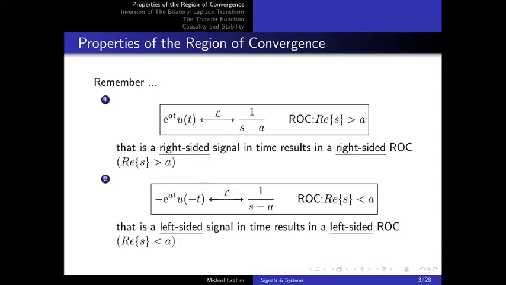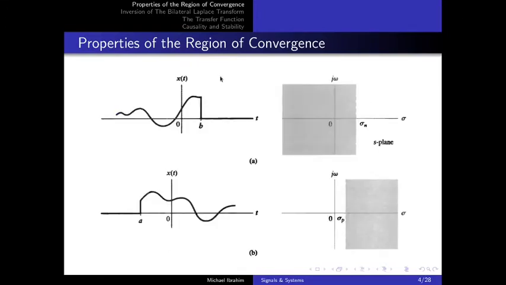In other words, a left-sided signal will have a left-sided region of convergence. As you can see over here, this x of t is left-sided, so we'll have a left-sided ROC. Here, x of t is right-sided, so we'll have a right-sided ROC. And as you can see, the ROC consists of strips parallel to the j omega axis.